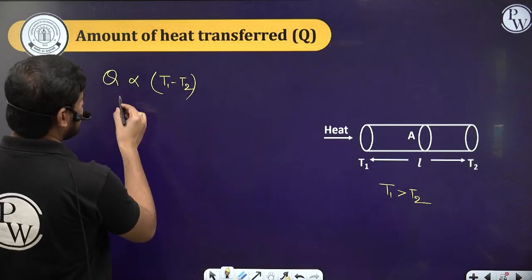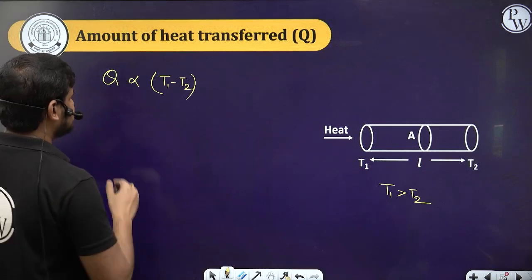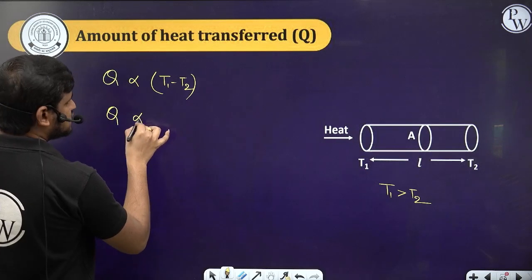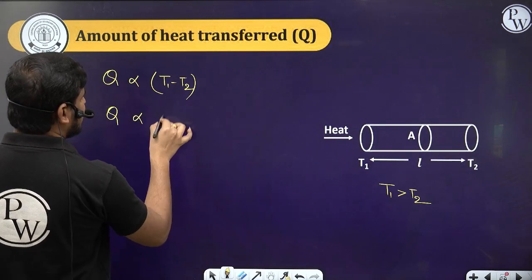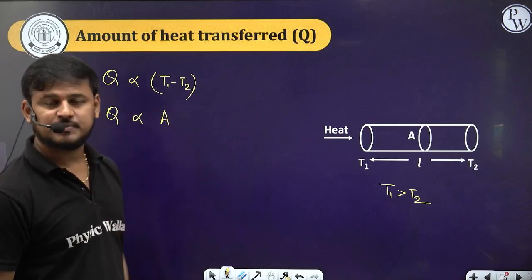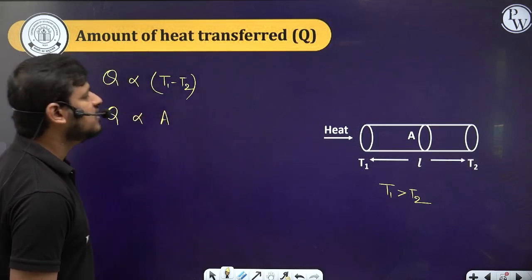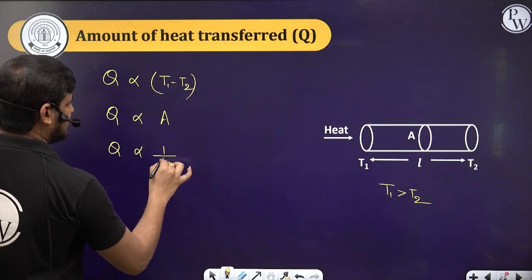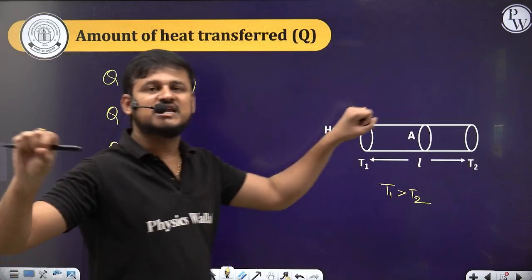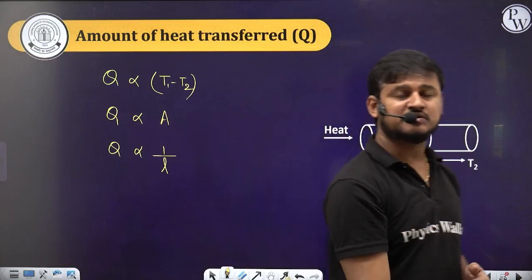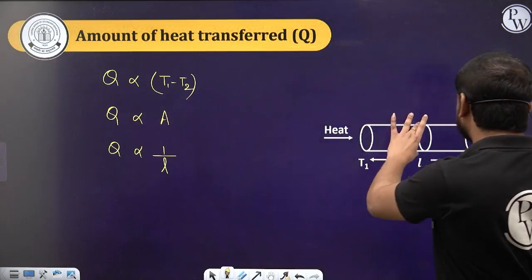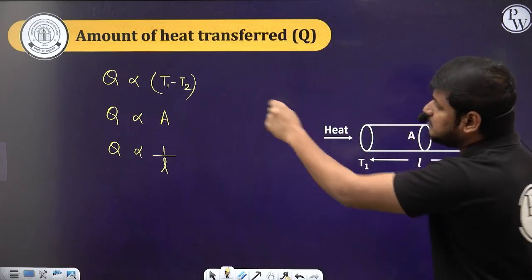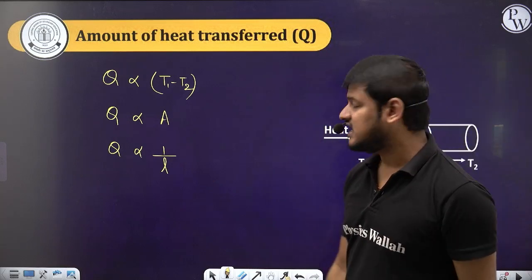Q is directly proportional to T1 minus T2, directly proportional to the cross sectional area, and inversely proportional to the length. If the length is more, the heat transfer will be less. If the cross sectional area is more, the heat transfer will be more, and if the temperature difference is more, the heat transfer will be more.